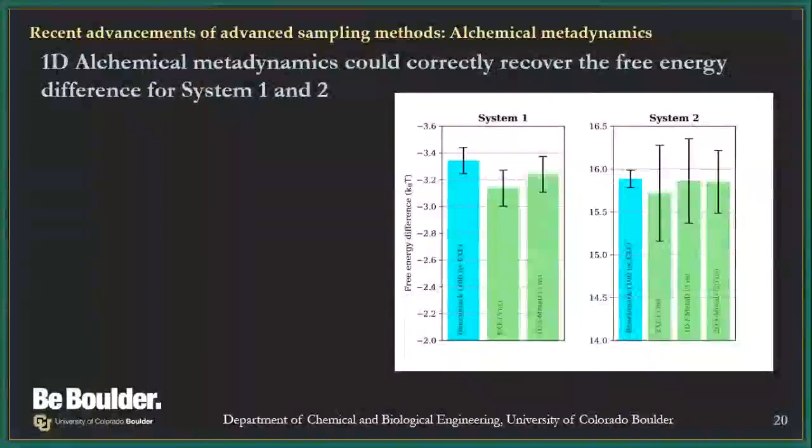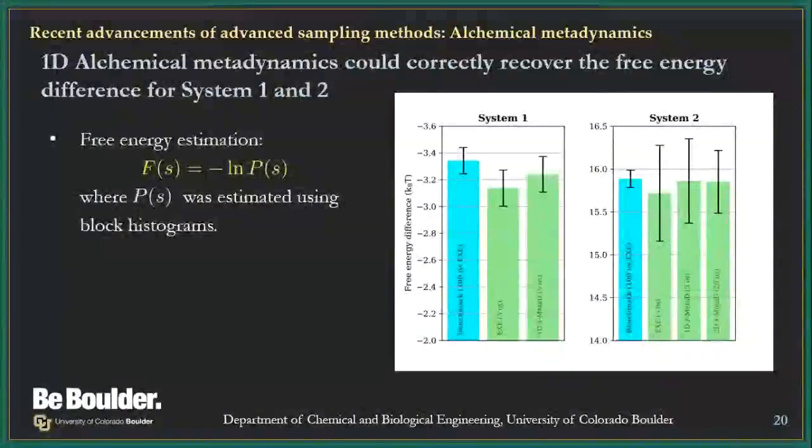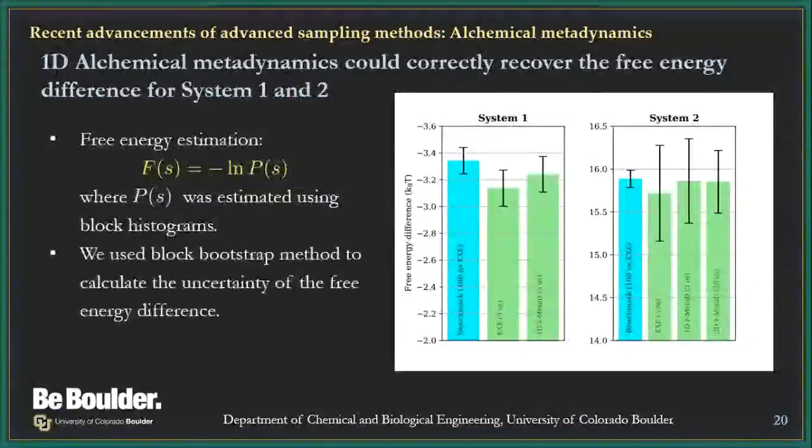To calculate the free energy difference between the coupled and uncoupled states, we utilize the equation that the free energy of a certain lambda state is just the negative logarithm of the probability of accessing that state, with the probability estimated using block histograms. In addition, the uncertainty of the free energy difference could be estimated using the block bootstrap method.